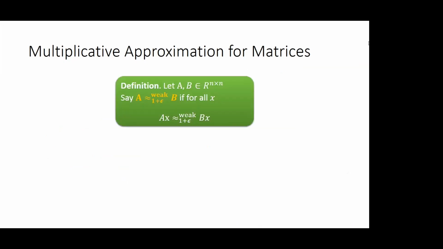Okay, so now these things generalize to matrices in a fairly nice way. Now we're going to define a weak approximation for matrices. We have two matrices A, comma B, real n by n matrices, and we say that A weakly approximates B within a 1 plus epsilon factor if for all x, the vectors Ax and Bx weakly approximate each other within a 1 plus epsilon factor.